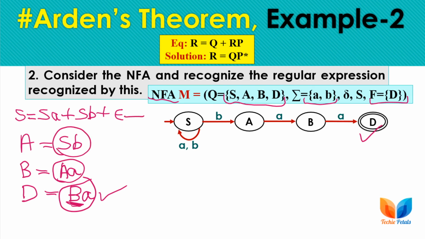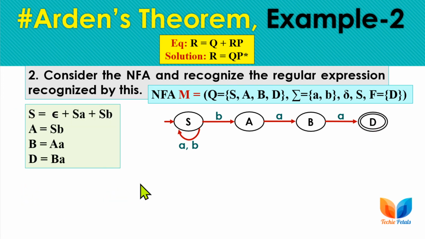To solve D, we need the value of S to be substituted. So here are all the expressions. Let's solve this expression first, because ultimately we require the value of S for D.